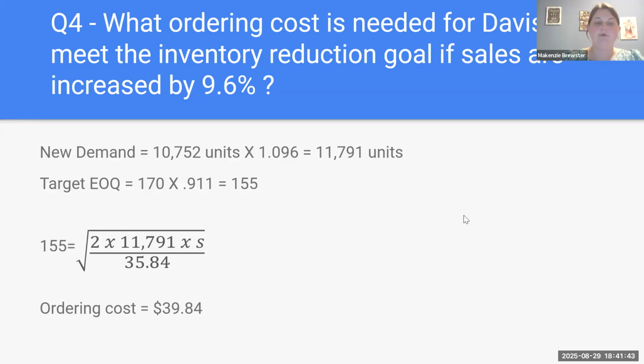Then we're going to find the new target EOQ, where you take the 170 units times 0.91, which is going to give you a new target of 155. Then you're going to plug all of that into your EOQ formula, which is going to give you a new ordering cost of $39.84.